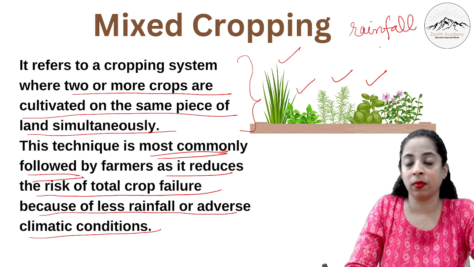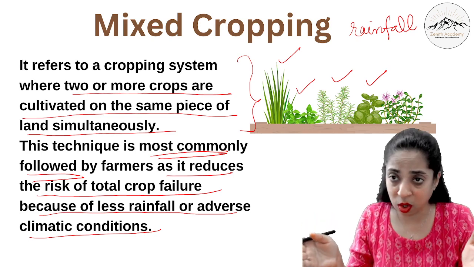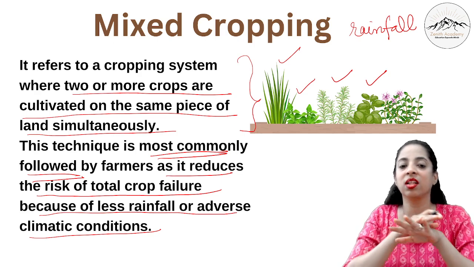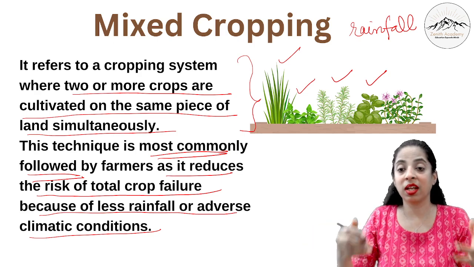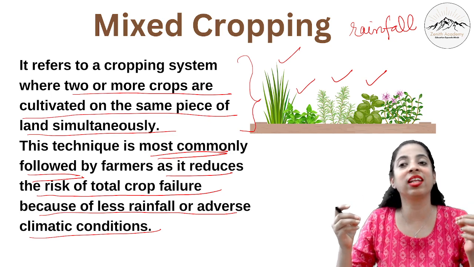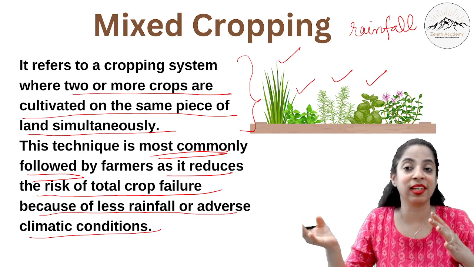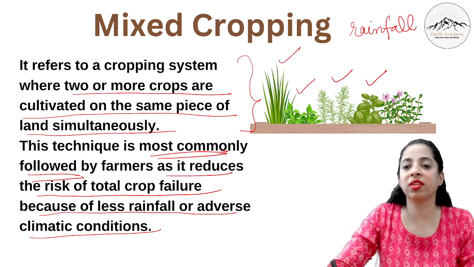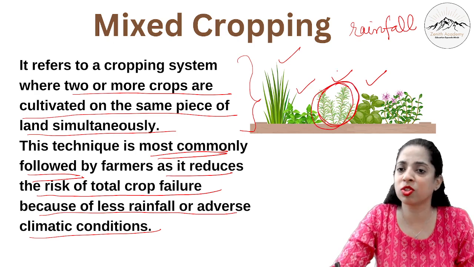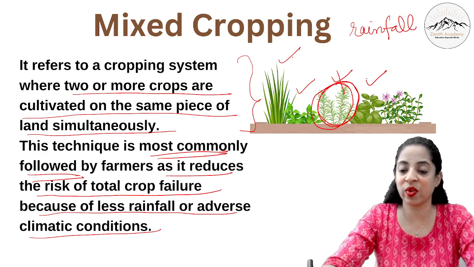If there is one single crop and it doesn't grow in less rainfall, then the whole crop failure happens. But if there are one or two plants that can thrive even in very less rainfall, then you don't have to face total crop failure. Even if this plant doesn't thrive in less rainfall and dies out, the other three will grow. I hope this is very clear.